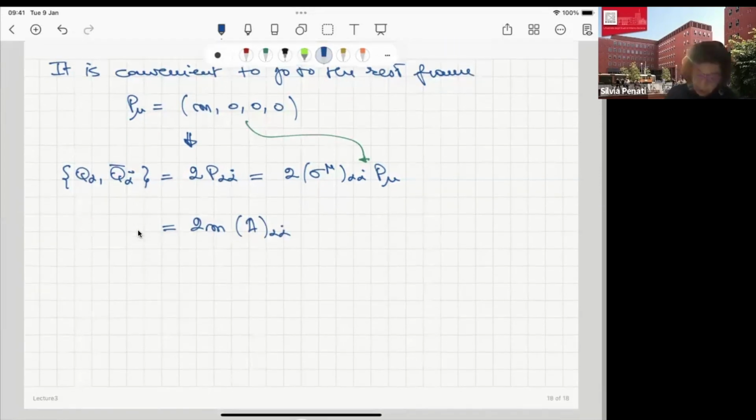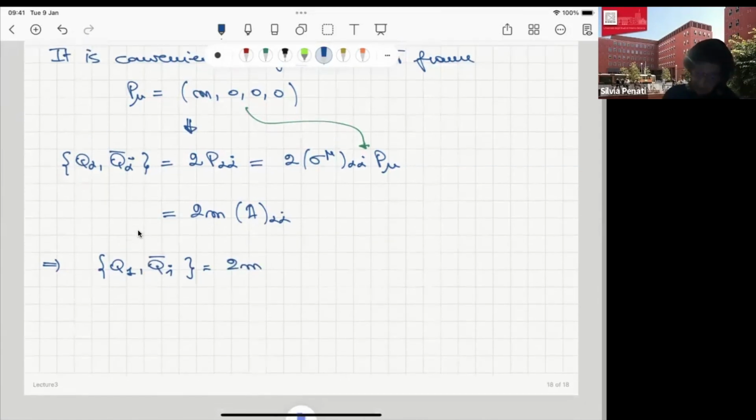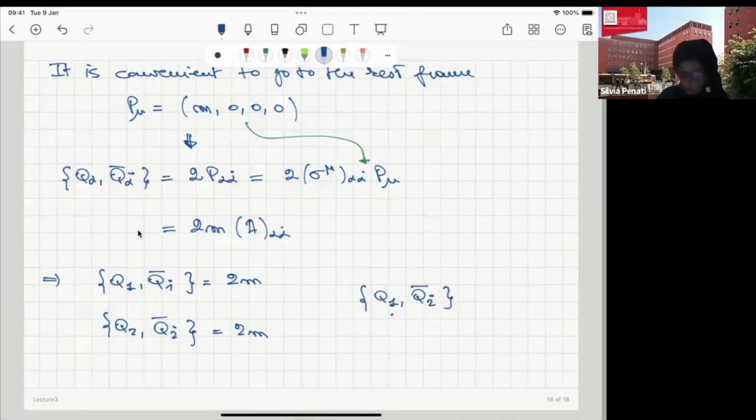Which means that what I find here is that {Q1, Q̄1 dot} is equal to 2M, and {Q2, Q̄2 dot} is equal to 2M. It's the same. Whereas if I anti-commute Q1 with Q̄2 dot or Q2 with Q̄1 dot, I get 0.